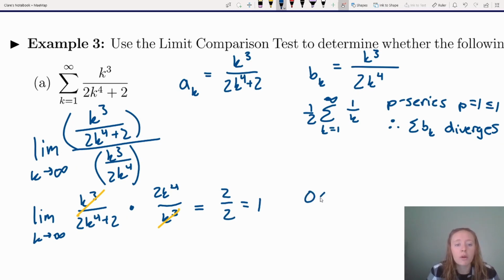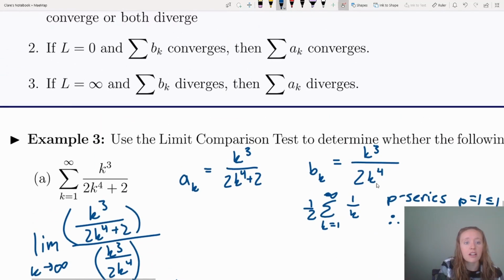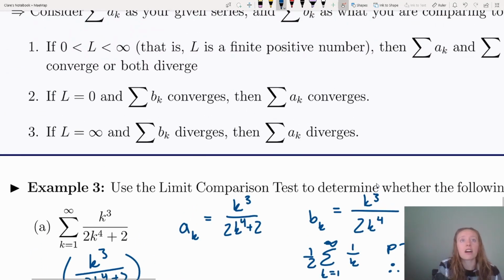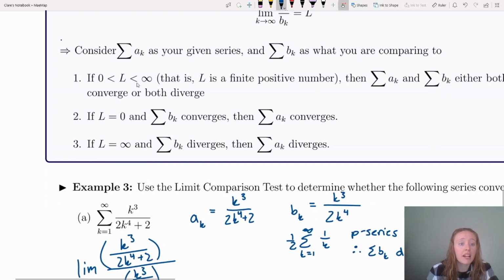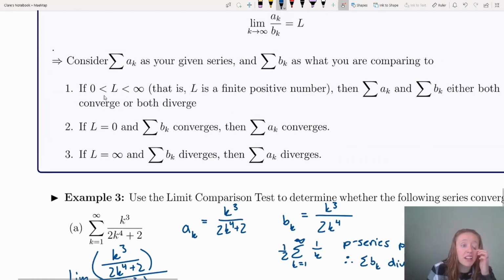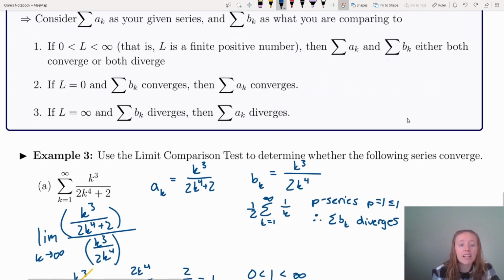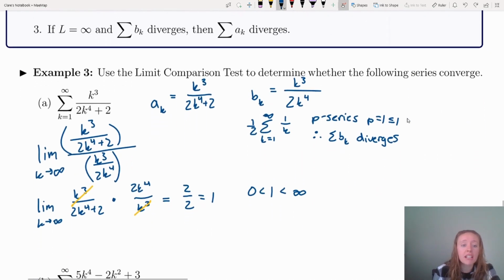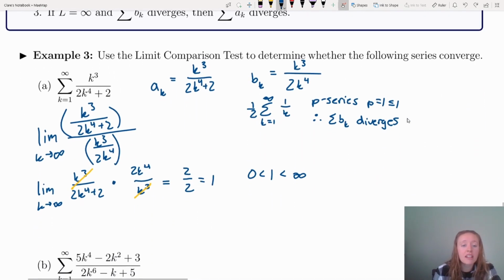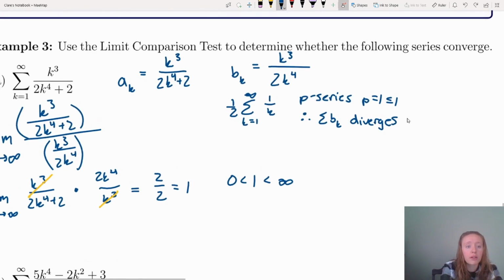So because 0 is less than 1, which is less than infinity, scrolling back up so we can see, we're at the case of number 1, where L is 1, a number between 0 and infinity, which means that they both do the same thing. So they both behave in the same manner. They're both going to either converge or diverge. And because we already showed that b sub k diverges, then a sub k is also going to diverge.